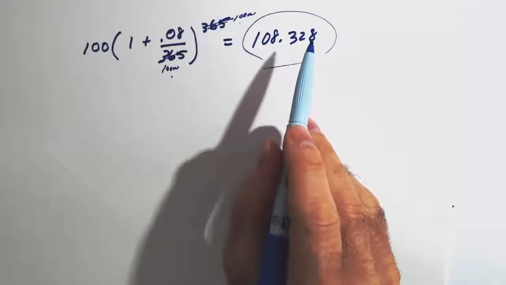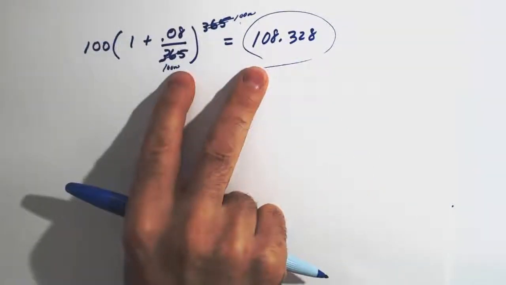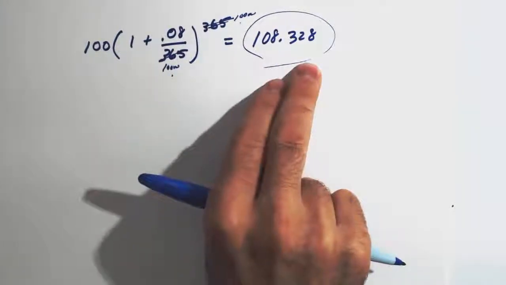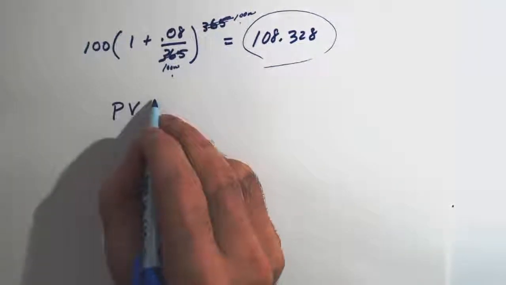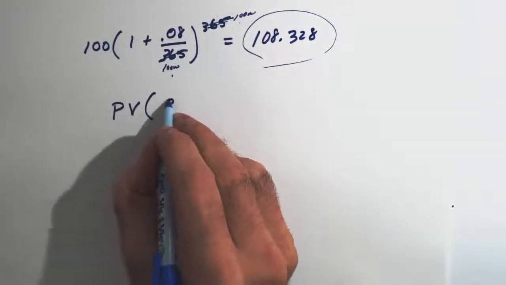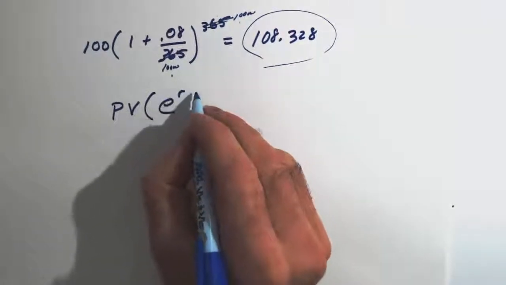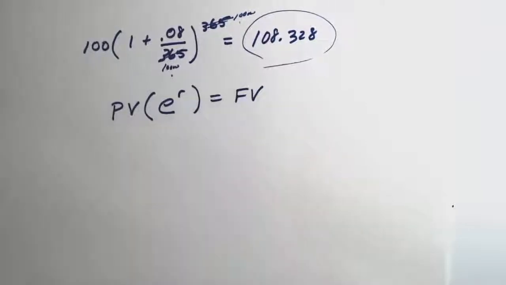Well, it turns out that there's a way to simplify that process. It's a little more mysterious, but it reduces the math a bit. And that's by taking the present value and multiplying it by e, that magic number e, which is 2.718, taking that to the R power, and that will equal the future value.